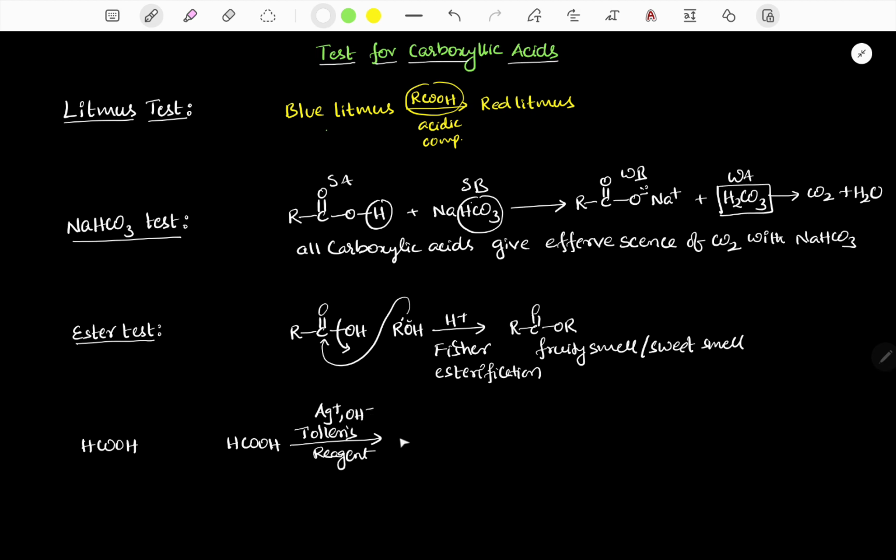Formic acid undergoes oxidation to CO2, and CO2 will be converted into CO3 2- in basic medium, and silver ion will be reduced to silver. It is also called the silver mirror test, and also called the Tollens test.